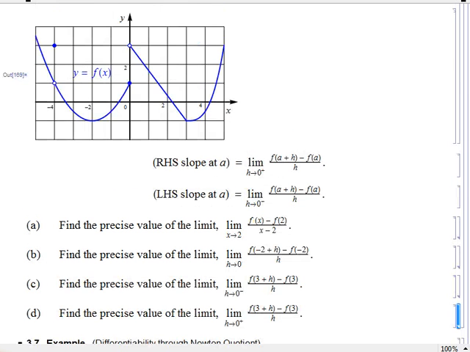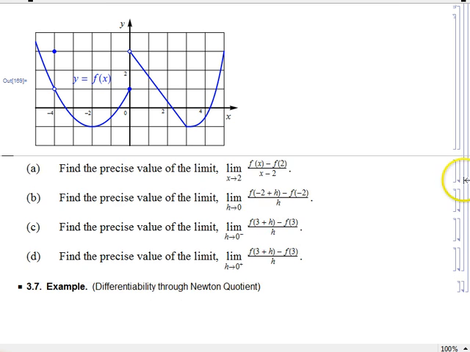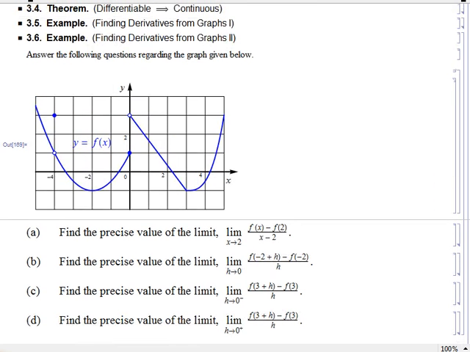So if you understand what this Newton quotient means, the slope of a secant line, then we can answer all these questions by estimating or calculating derivative values precisely, or sometimes estimating from these pictures. Left hand side and right hand side limits of these Newton quotients actually mean left hand side slope and right hand side slope.